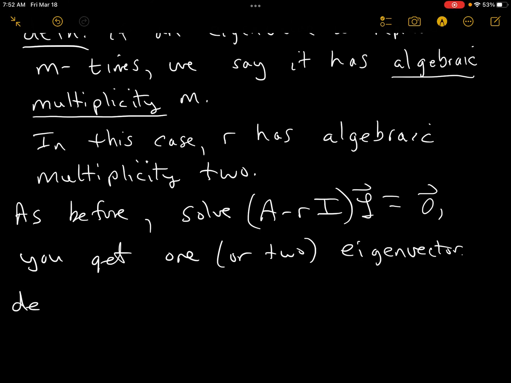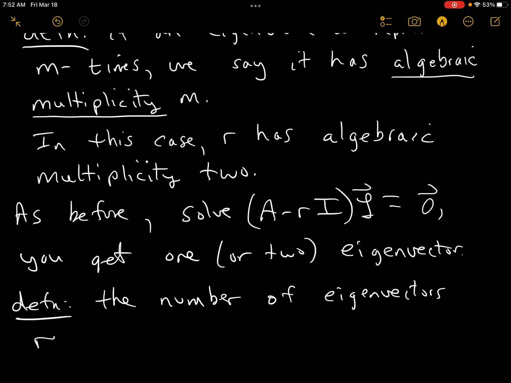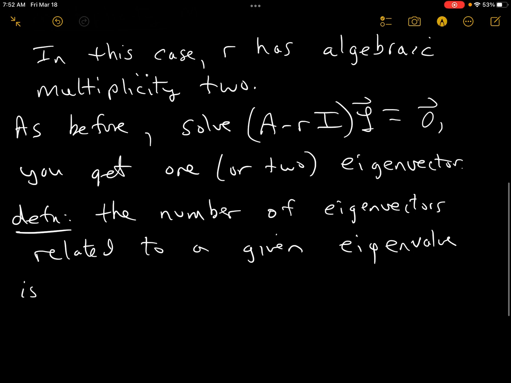So here's another definition. The number of eigenvectors related to a given eigenvalue is called the geometric multiplicity.